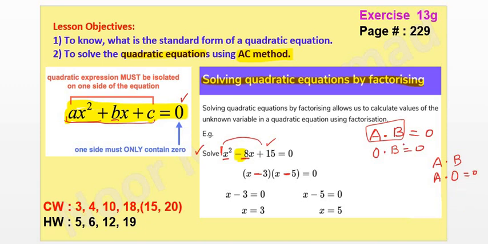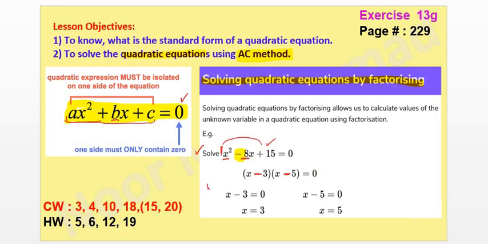Right? So we don't know, either a is 0 or maybe b is 0, or maybe both of them are 0. So we have no idea which one of these is 0. So what can we consider? We can say that either the first factor is 0 or the second factor is 0. That is making this whole expression equal to 0.